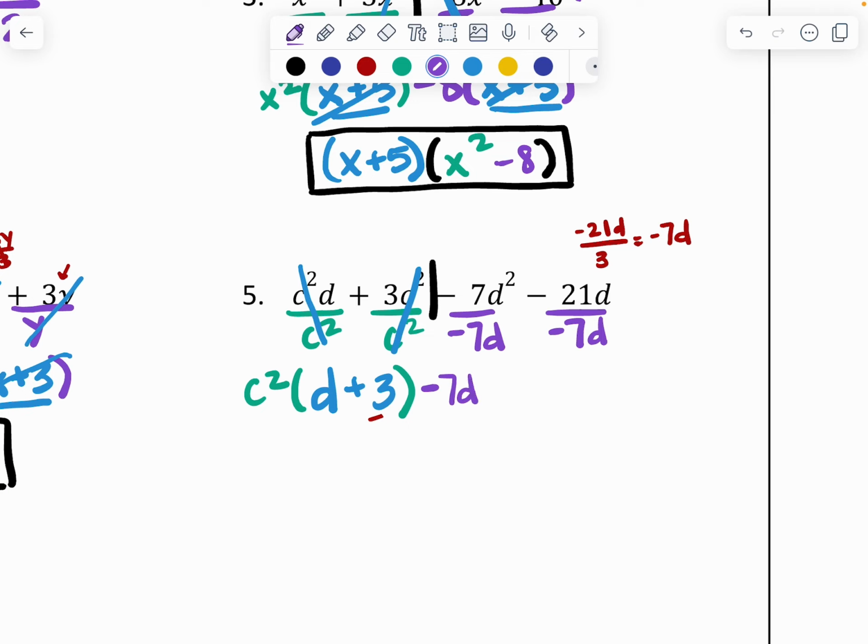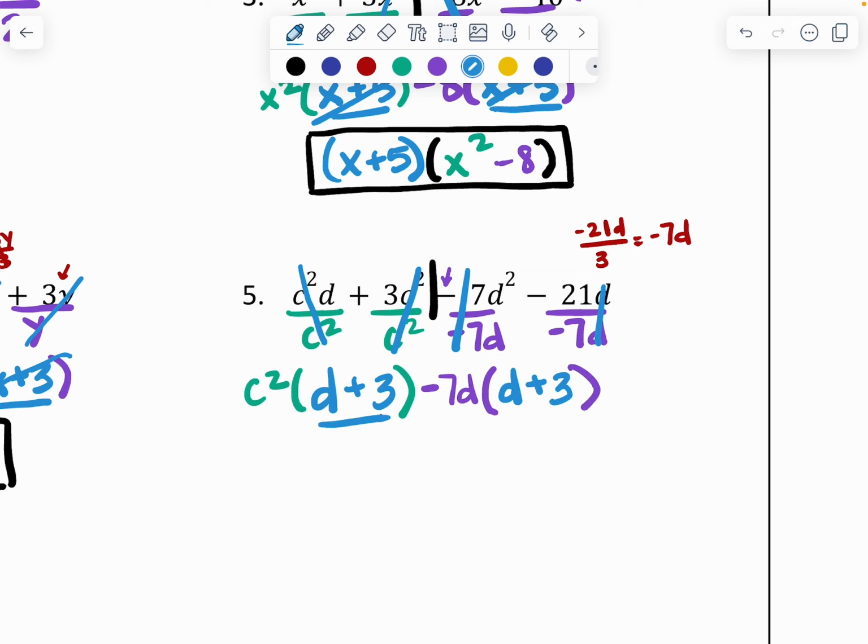Remember, if this here is negative, you have to have a negative in your greatest common factor on this side. So negative 7 cancels out, and d squared divided by d is d. Negative 21 divided by negative 7 is positive 3, and the d cancels out.